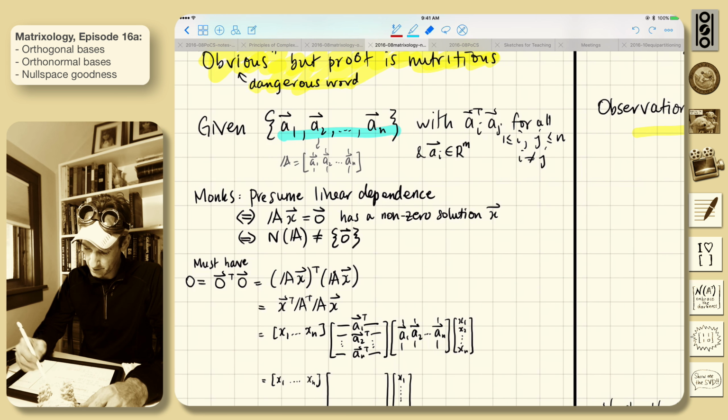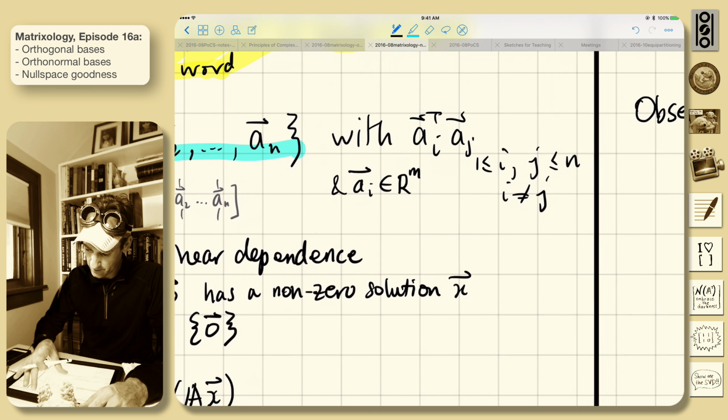This is the orthogonality statement: the dot products, inner products, are 0 for all pairs, providing i and j are different. So this is still making this m by n matrix.